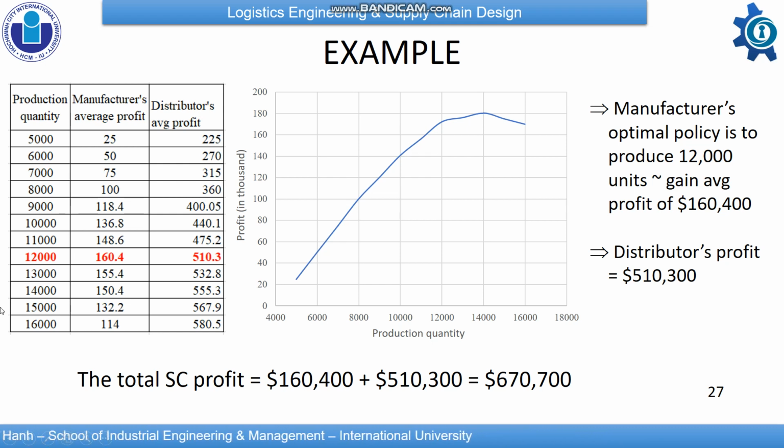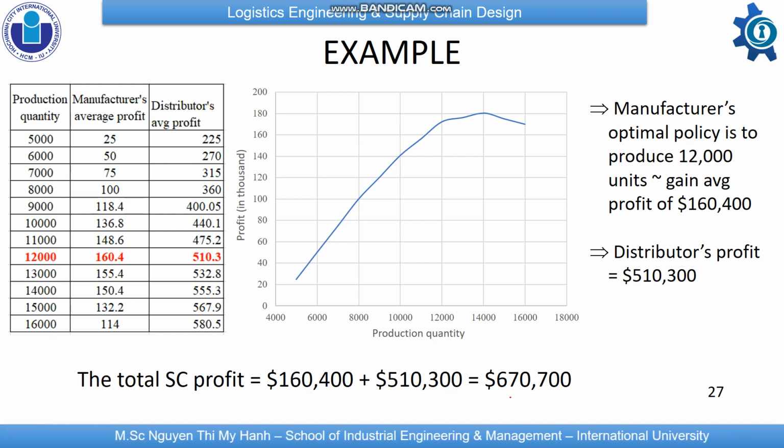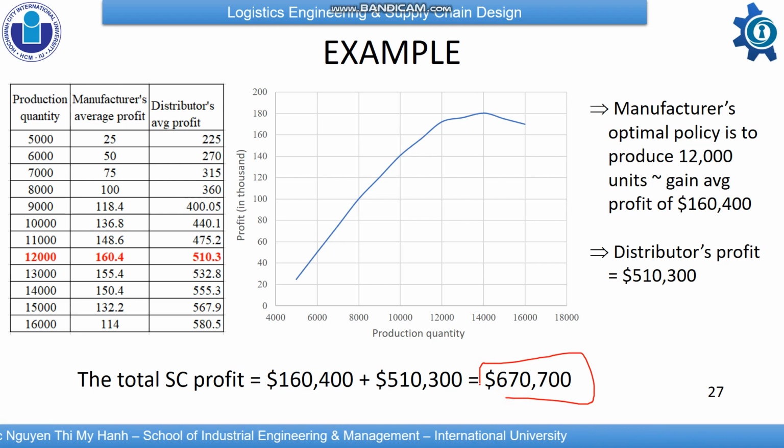And we can calculate the total supply chain profit is equal to the sum of the distributor and manufacturer profit, and it's equal to 670,700.